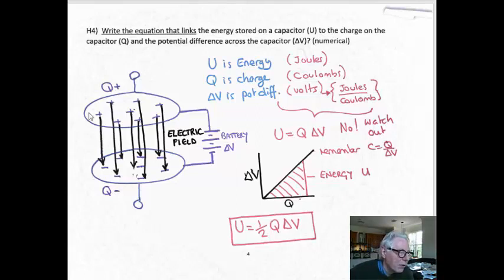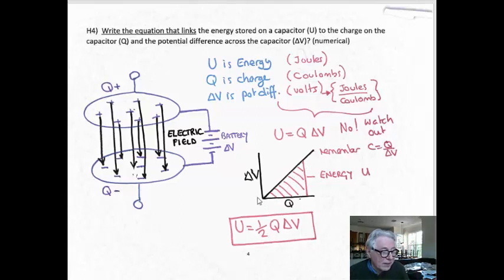So the voltage across here starts at 0 because the charge on here starts at 0. So I start off at the origin of my graph. Then as I put more charge on the plates, I get more voltage. If I double the charge, I double the voltage, so I get a straight line.